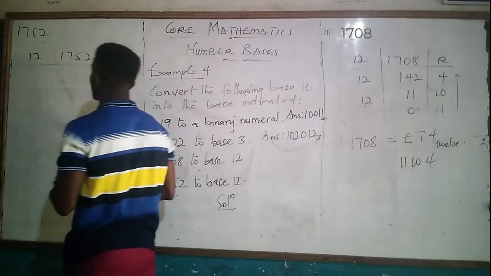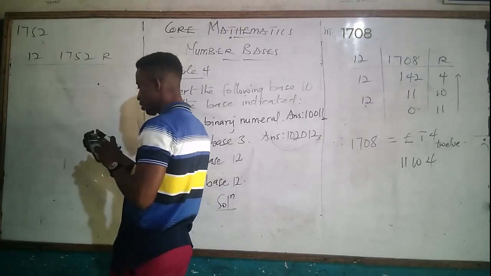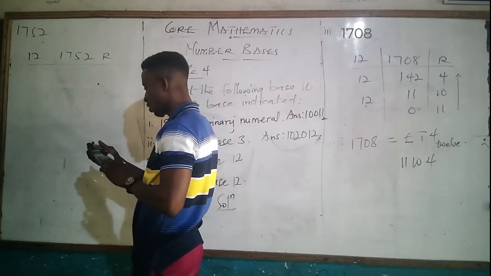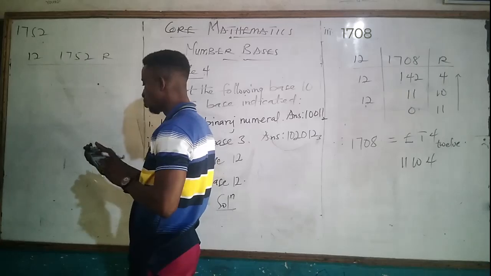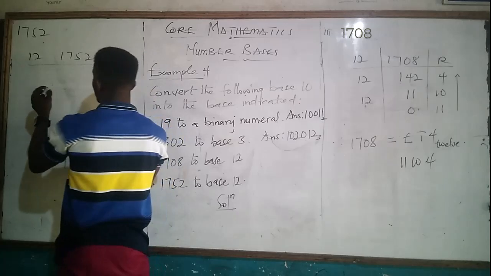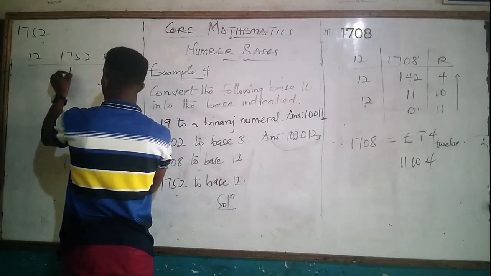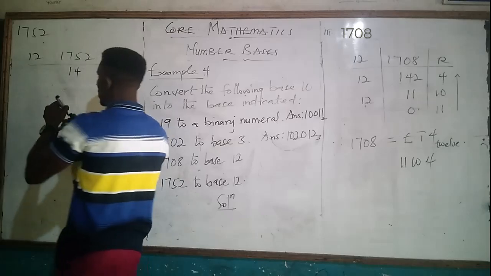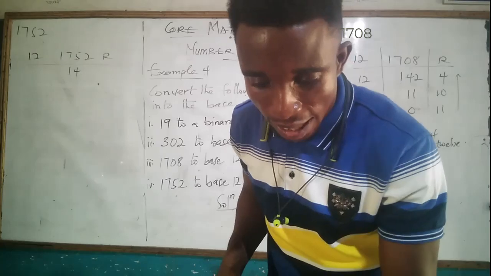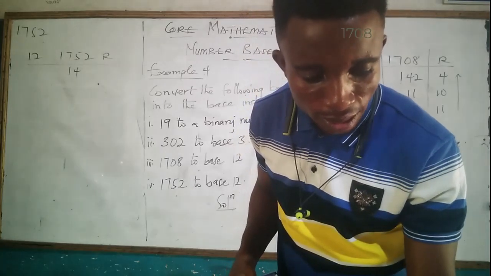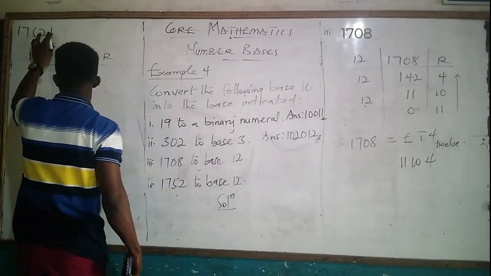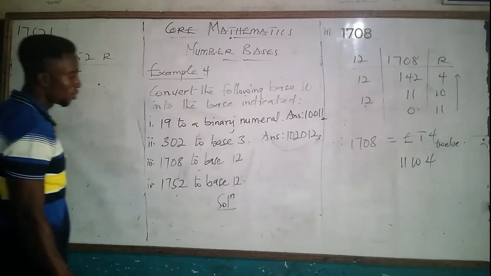So 12 into this, the 1752 divided by 12, that one too is getting me 140. Oh, I didn't finish. Let's add this 1 to 8. Sorry, because it looks like the previous one.